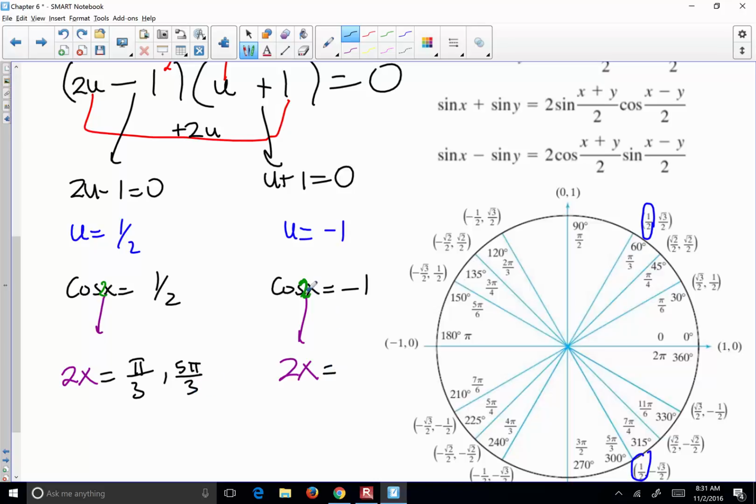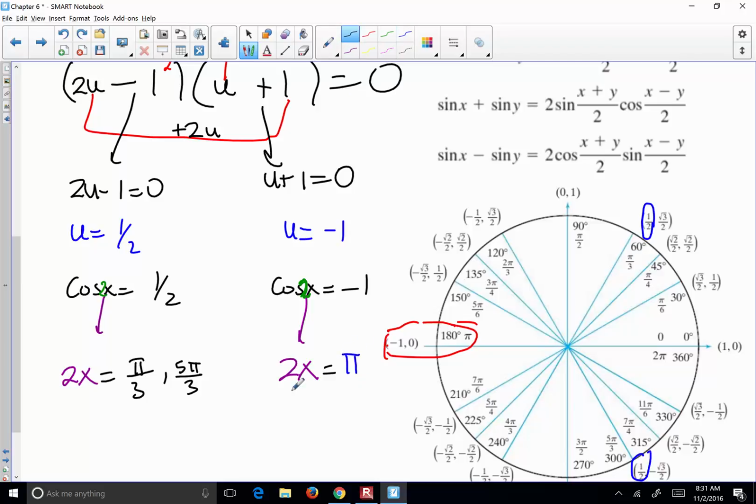Now there are angles called 2x. You enter it into cosine, it makes minus 1. What angle or angles are those? There's only one, I think, right? Which is this guy. Pi, correct? Agree?